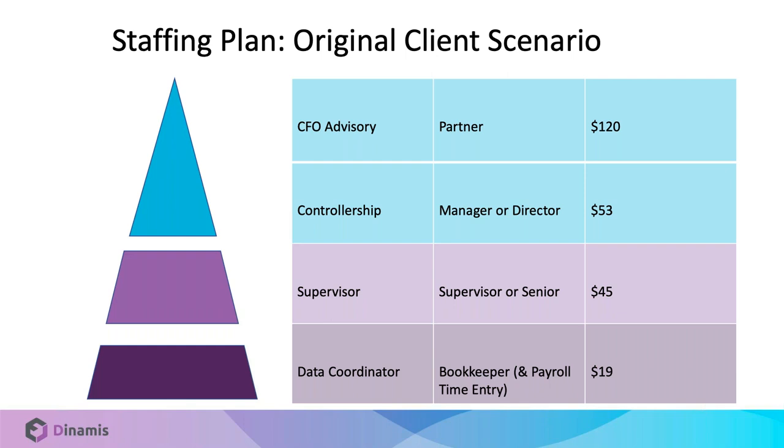I am using data for my metro area, Washington, D.C. This is going to be different in everyone's market, but these are what I see typically as labor rates in this market for a bookkeeper, for a supervisor, for a controller, and for a virtual CFO. Those are the rates without benefit load. So you figure you're going to add another 30 to 33% for the hourly rate with benefits.